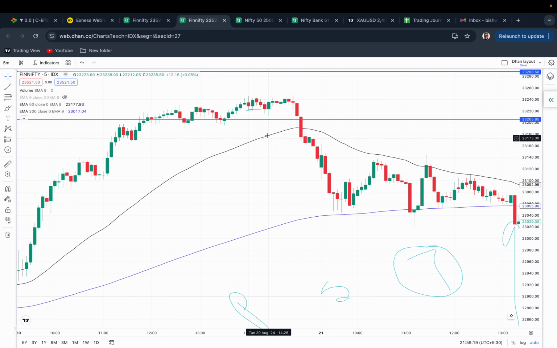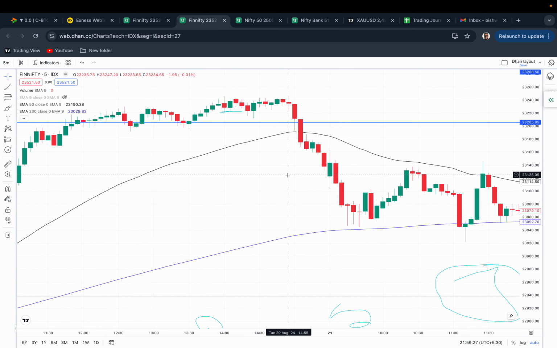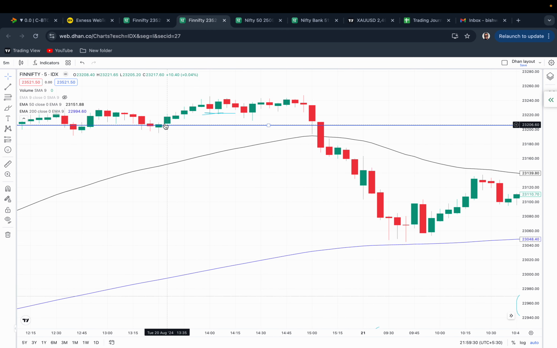Okay. So why did I take the trade? Normally it was a FOMO trade. I was seeing the market going up. The market had breached this resistance line, and it was going in a good direction. So I thought maybe it will give me a good premium at 2 o'clock, and I took the trade because of FOMO.